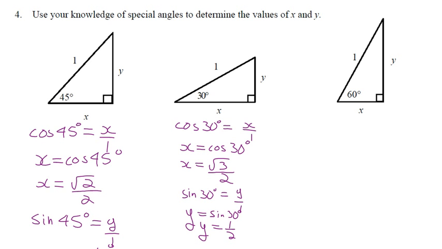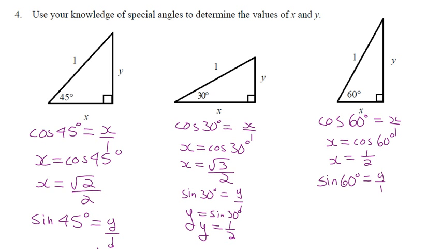What's the cos of 60 degrees? Noticing anything here? So x is equal to the cosine of 60 degrees, which is 1/2. And what's the sine of 60 degrees? y over 1, which means that y is equal to the sine of 60 degrees, which is root 3 over 2.